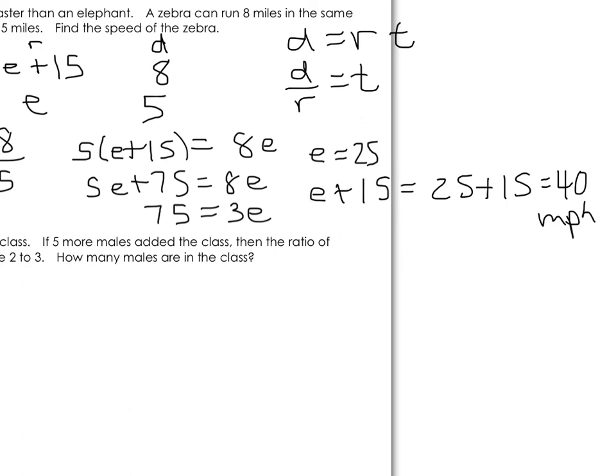So we could have set this up as the distance that the zebra covers, 8, over his rate, which is E plus 15, equals the distance that the elephant covers, 5 miles, over his speed, which is E. The times are equal. I leave it to you to show that this gives you the exact same answer, because 5 times E plus 15 equals 8E is exactly what we got. So we could have set up this proportion either way. Same thing.